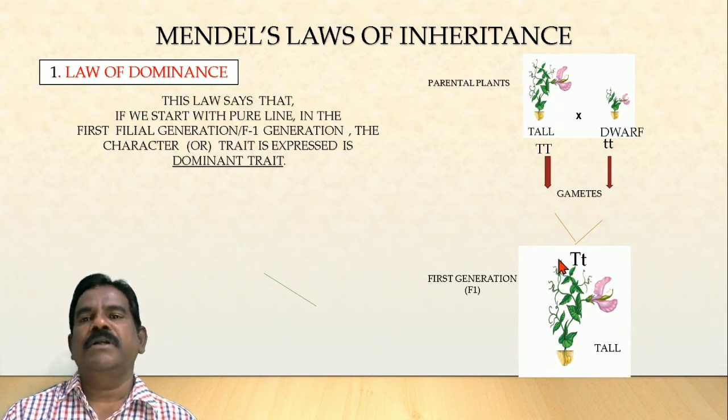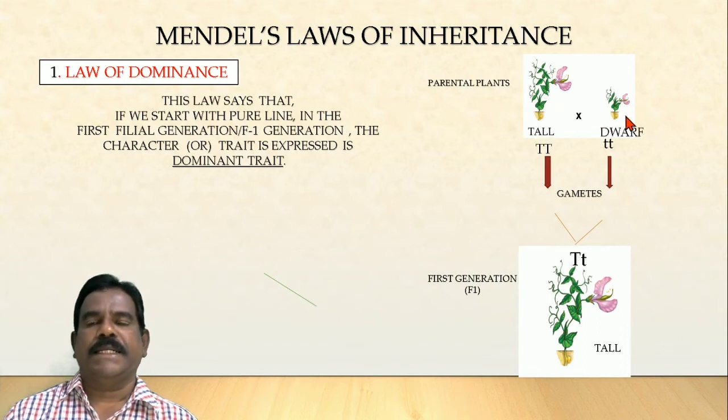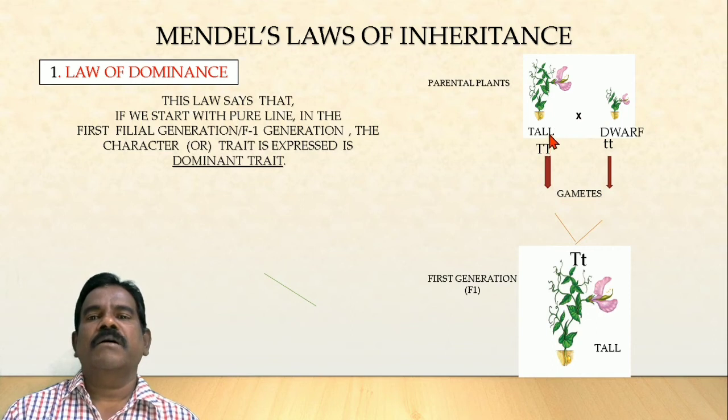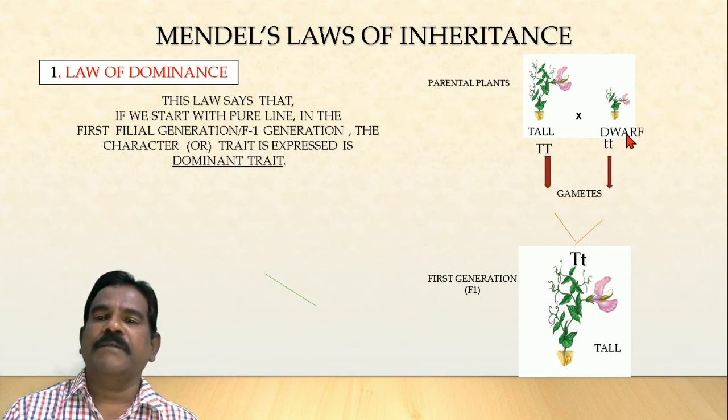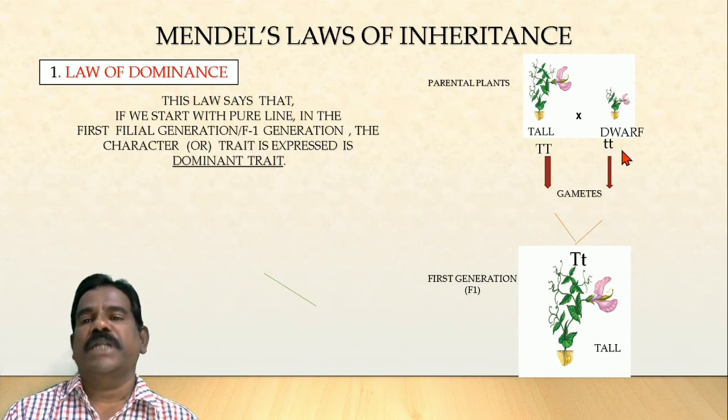For example, in this diagram, I have taken a plant with the tallness character and crossed it with a plant with the dwarfness character. As parental plants, for the tallness character there are two identical genes, capital T, capital T. Like that, for the dwarfness character there are two identical genes, small t, small t.